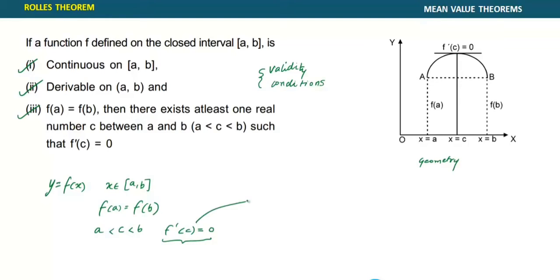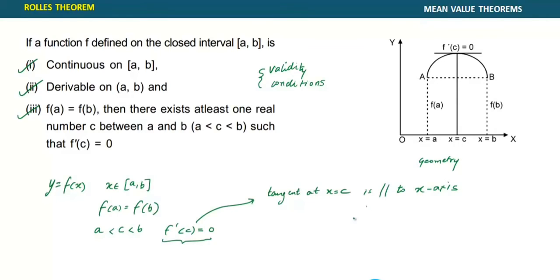So when you say that f'(c) is equal to 0, this means the tangent at x equal to c is parallel to the x-axis. This is what I can say for sure. This is the real meaning of Rolle's theorem.